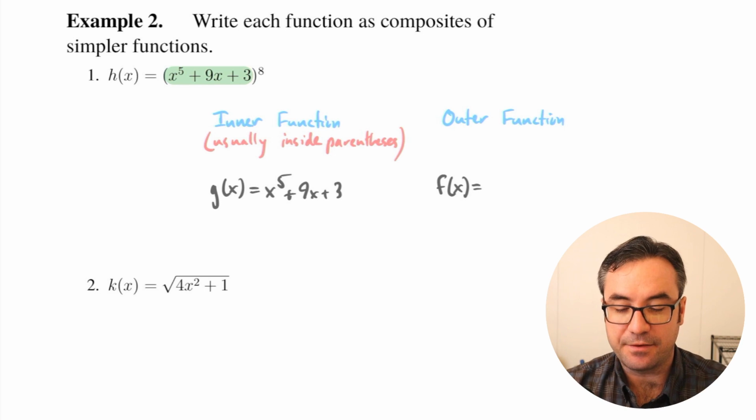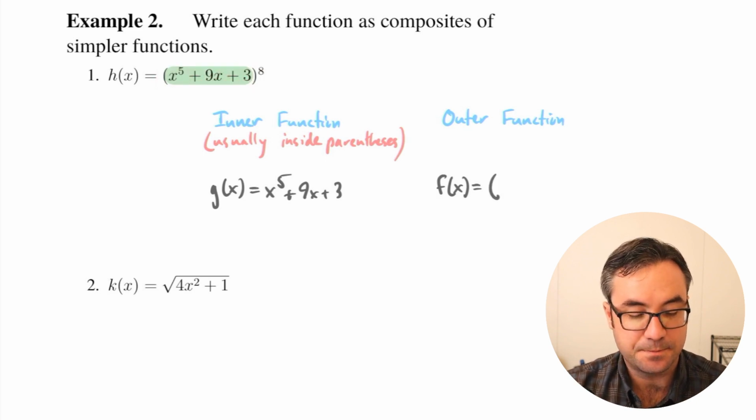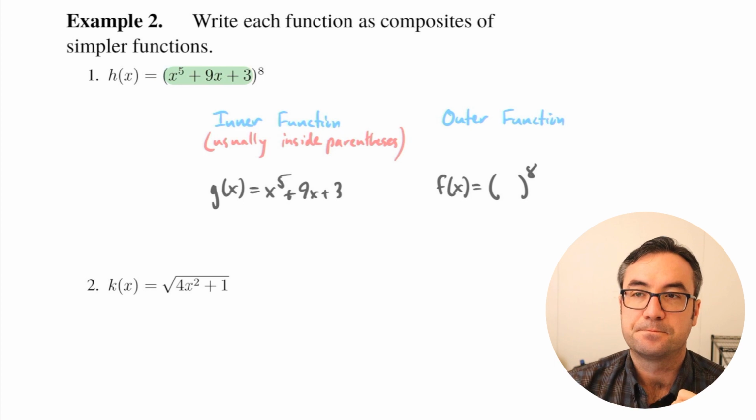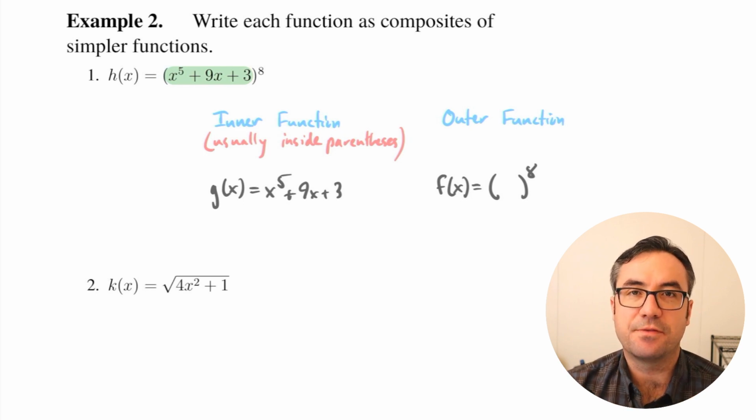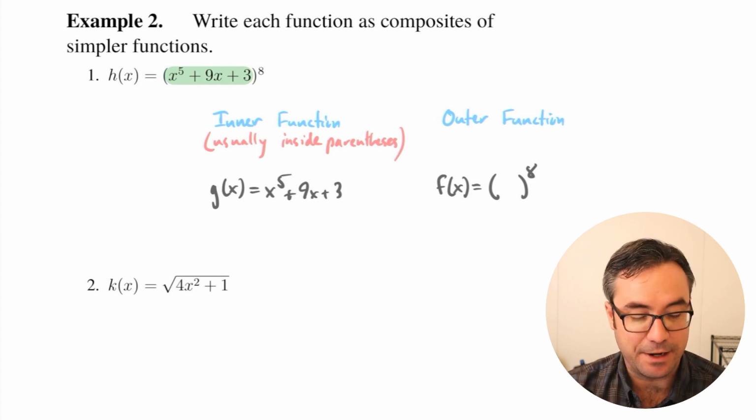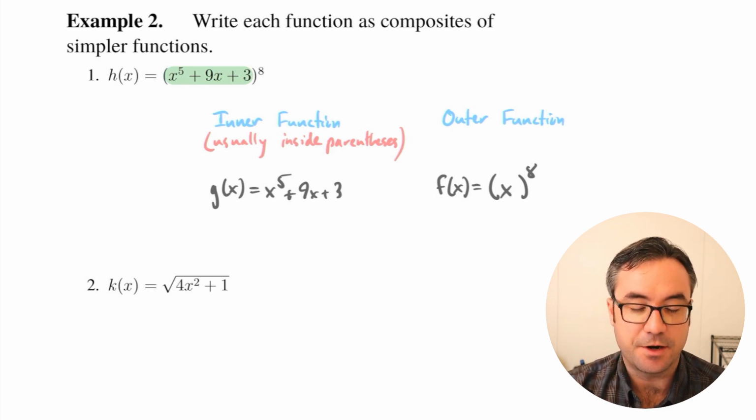So what do we have left after we kind of clear out this inner function here? Well, we have a parentheses, and then raised to the power 8. And normally for a function, we need a variable there. So we're just going to make our variable x.